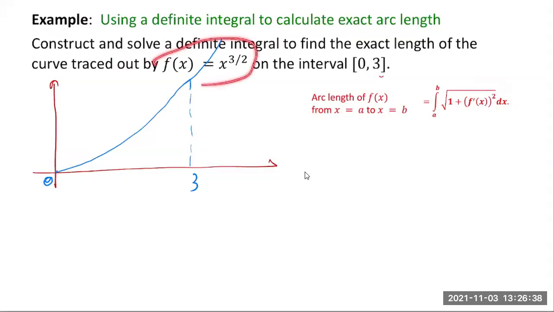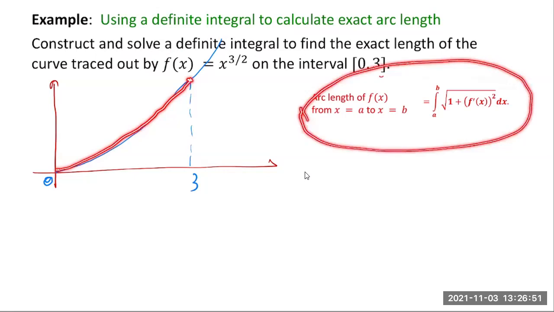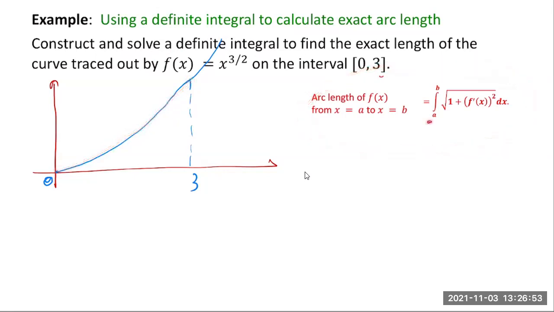If you graph this function on this interval, you will see a graph like this, and we are asked to find this arc length on the interval 0, 3. We can use this formula to calculate that length.